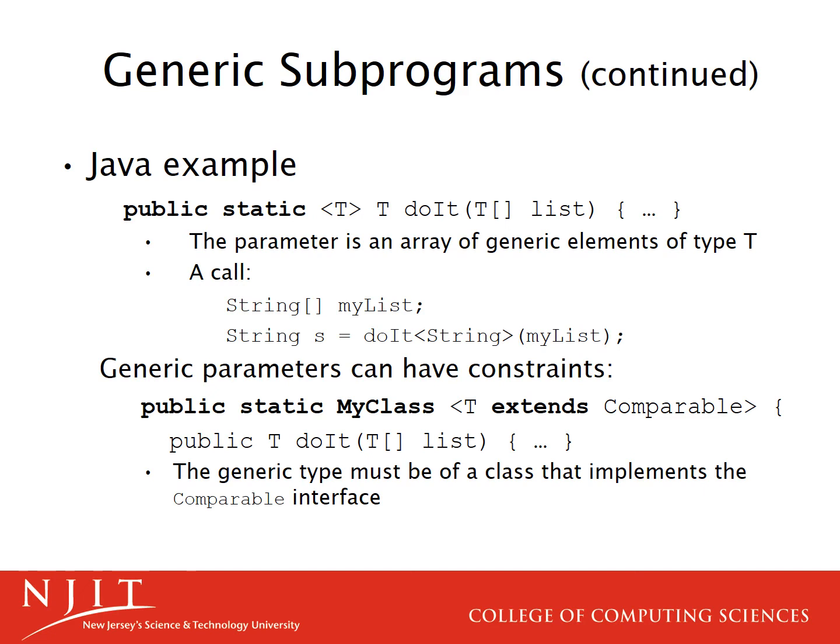And we specify a type name T. DoIt is a function that takes an array of T named list and returns a T. And it's invoked in the same way. The invocation looks the same in Java as it does in C++. There's the method name, there's the type name in angle brackets, and then there's the call.